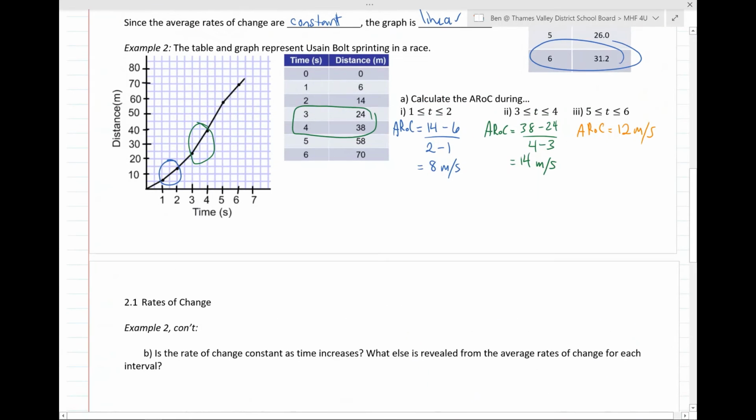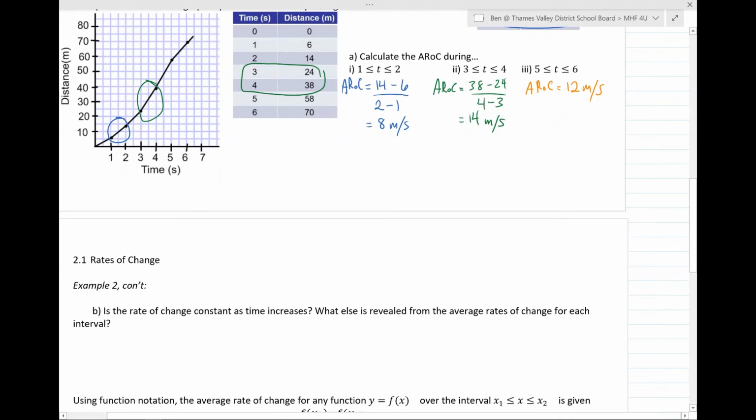Now, we need to ask ourselves, is our average rate of change constant as time increases? Well, we just took a look at 3 different time intervals. All of them we calculated to be different rates of change, and that tells us no, it's not constant. And if it's not constant, that means that we have a non-linear relation. And that makes sense. If we look at our graph up here, it does not look linear in the slightest.